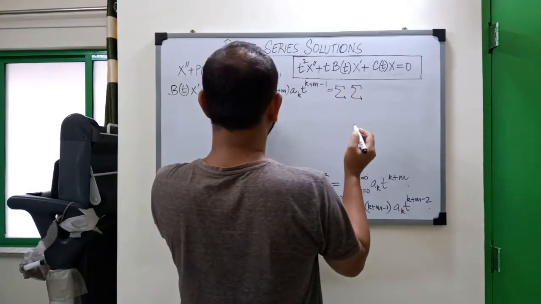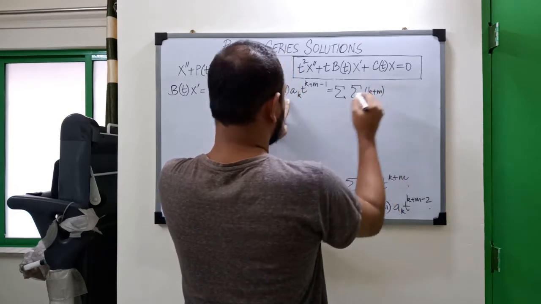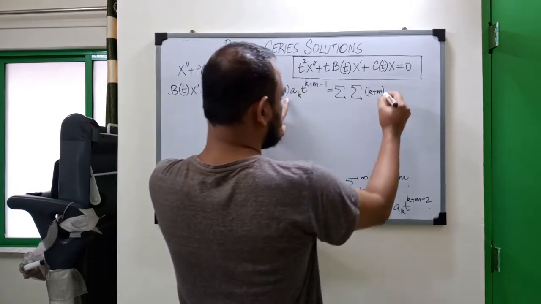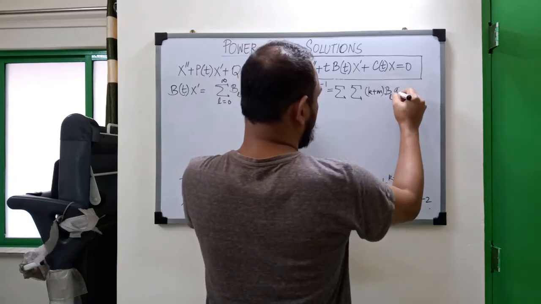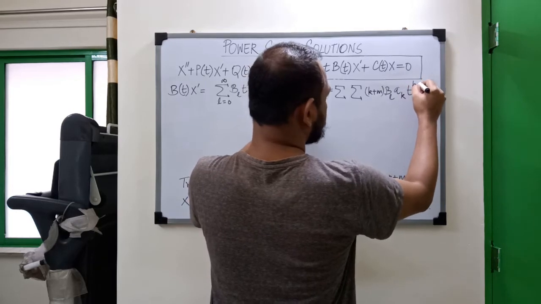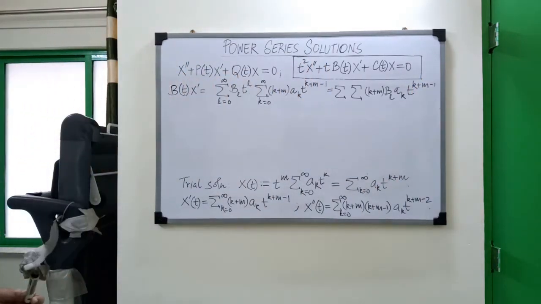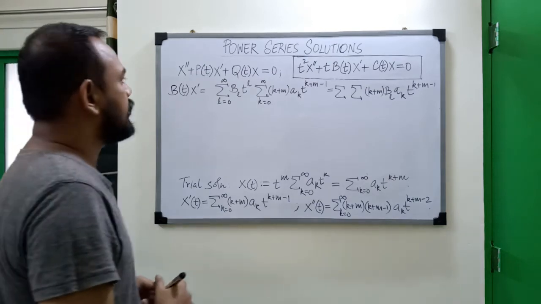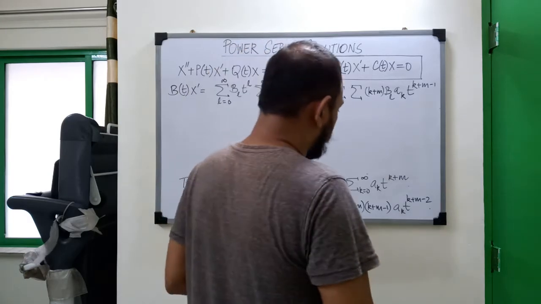If I bring this in here, you have a k plus m, you get the BL, you have the AK, and you get t to the k plus m minus 1, okay. Right, so that's what it is.